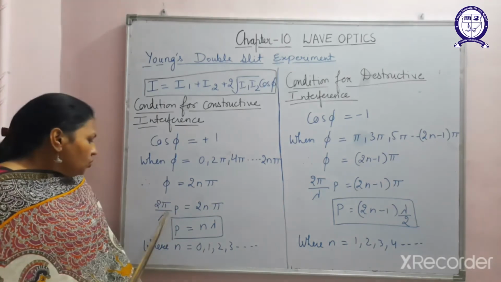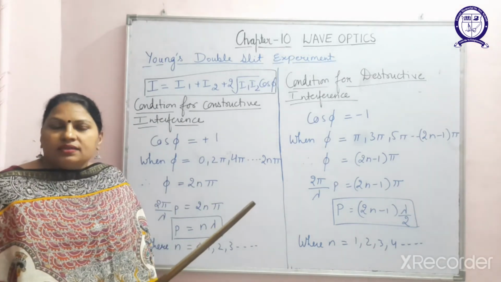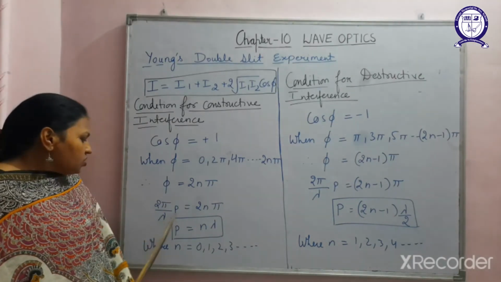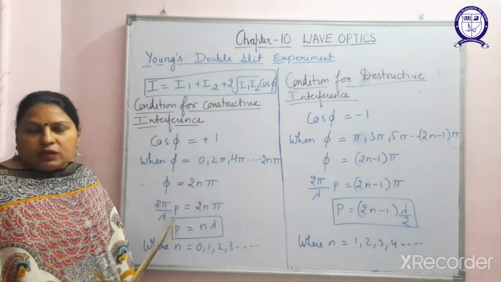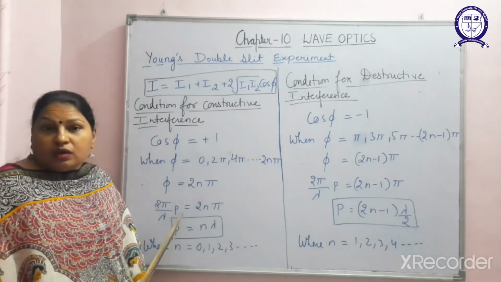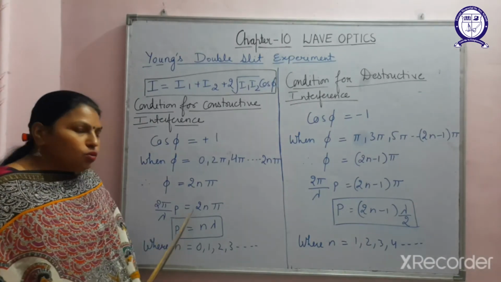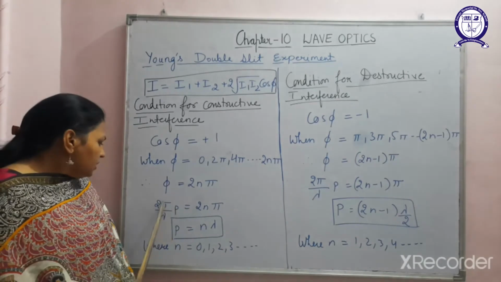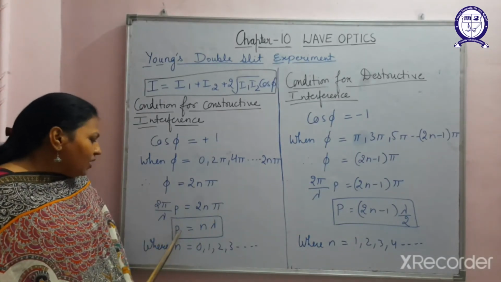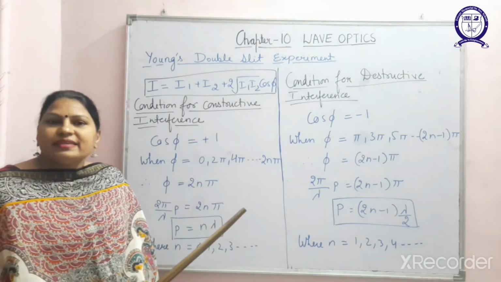Here phi is the phase difference, which can be written as the phase constant into the displacement, and here we are taking it in terms of p, the path difference. So 2 pi by lambda into p is equal to 2n pi. Here 2 gets cancelled out and pi gets cancelled out, and we have the path difference as n lambda. Clear?